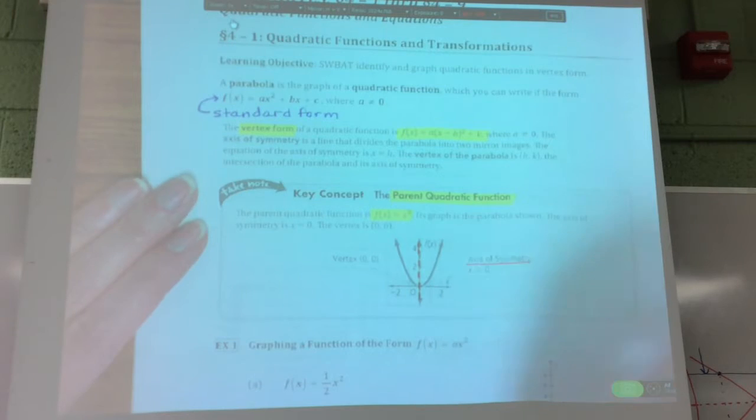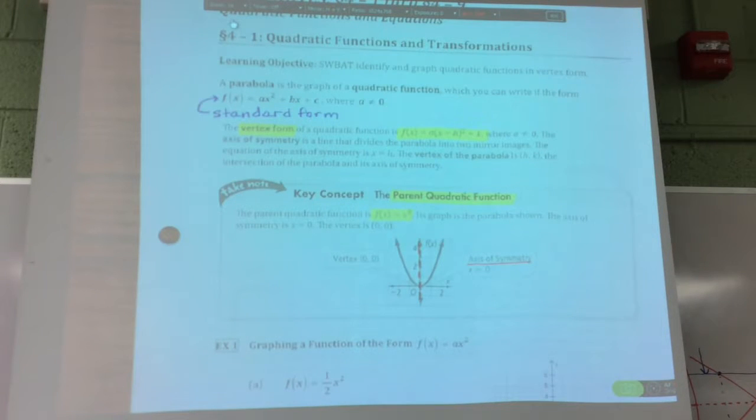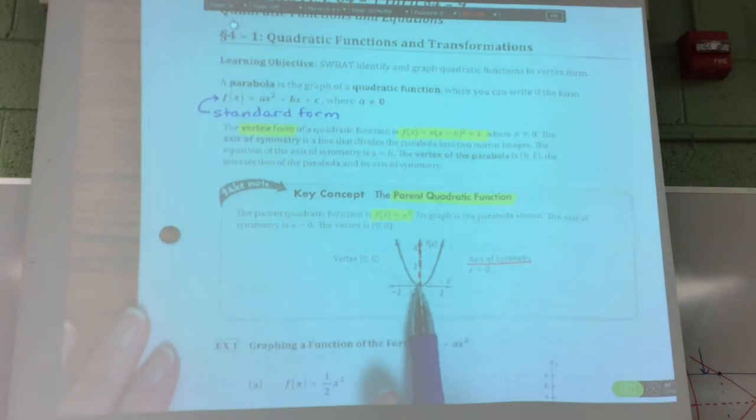This is your axis of symmetry. And in this particular function, that line is the equation x equals 0. All right? Remember, the axis of symmetry means that on that line, both sides of the graph are mirror images of each other. So notice, the left side of this graph is a mirror image of the right-hand side of the graph.